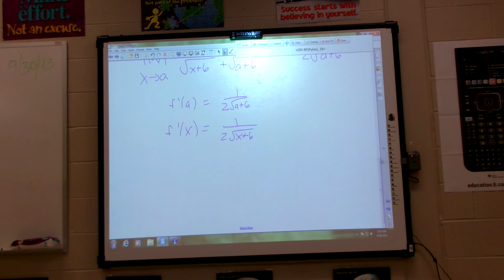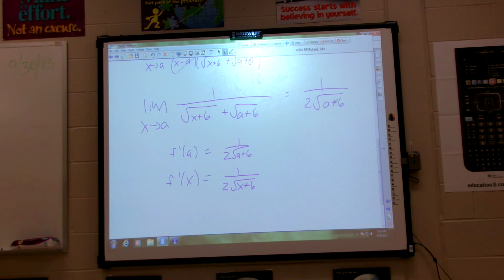Here's why it confuses people, because they're ended with a. They're like, wait a minute, how is x 3 if I have a? It's just a variable, correct? You can easily change that variable. So I'm just going to plug in f prime of 3. It's 1 over 2 square root of 9, which is 1 over 6.